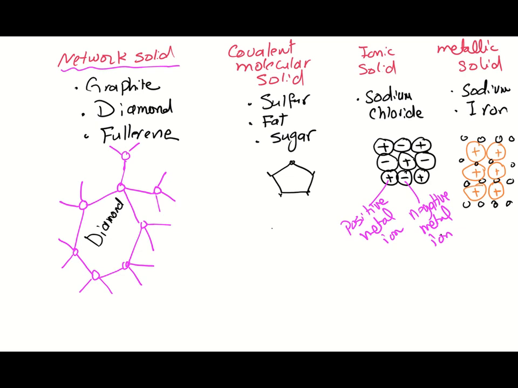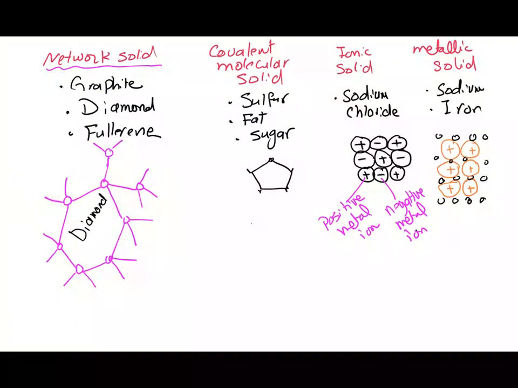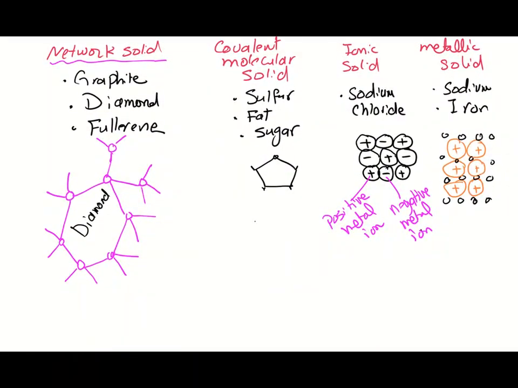Let's see now the effect of the structure on the properties of those structures. First, the network solids, except for graphite, are very hard. They have very high melting and boiling points. Why are they hard, and why are the melting and boiling points high?